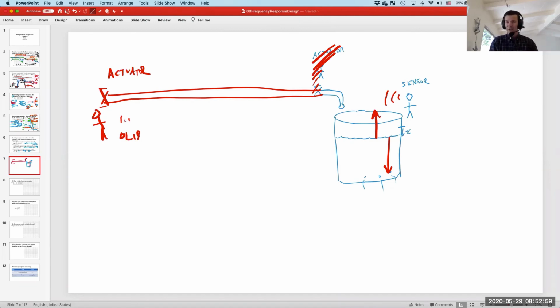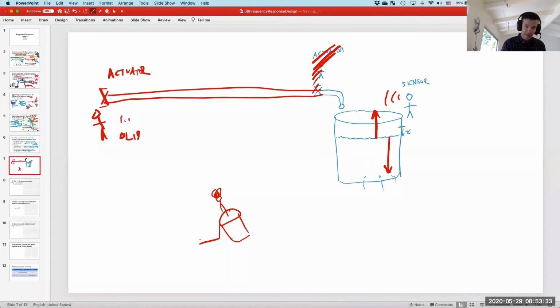Now that's a little hard to think about in realistic terms, but think about it this way. If you were going to implement, say, the DC motor control in real life, you would definitely have the motor. Here's your motor, with the shaft and spinning something. But the sensor, we are in the lab, we're using just a simple analog potentiometer.